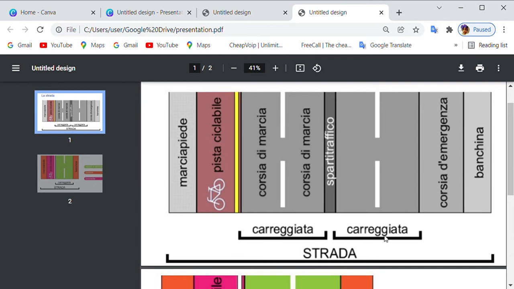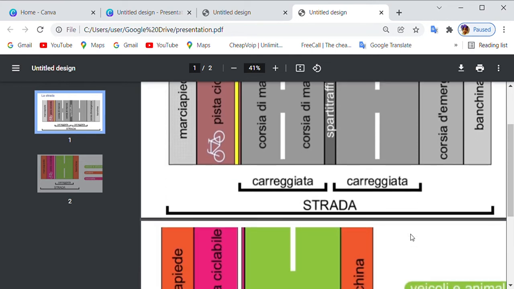In these 2 carreggiate there are corsie, 2 corsie each, 1, 2, 1, 2, making 4 corsie all together. So if you take from here to here, it is the full characteristic of strada. Or you take from here to here, it is the full characteristic of strada. I hope that is clear.